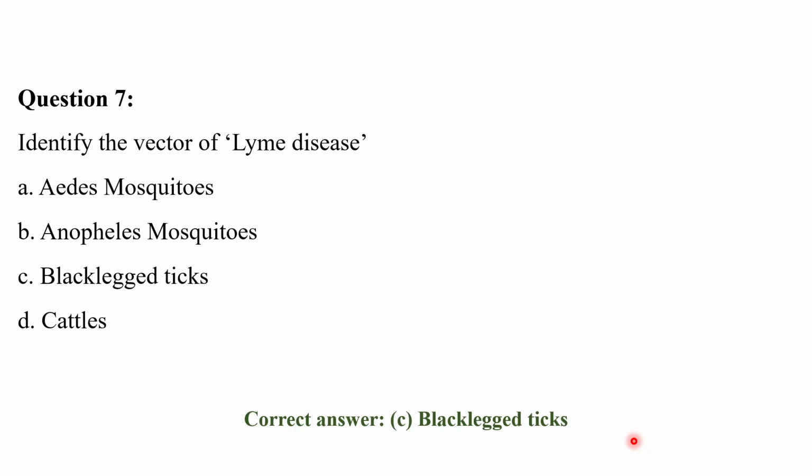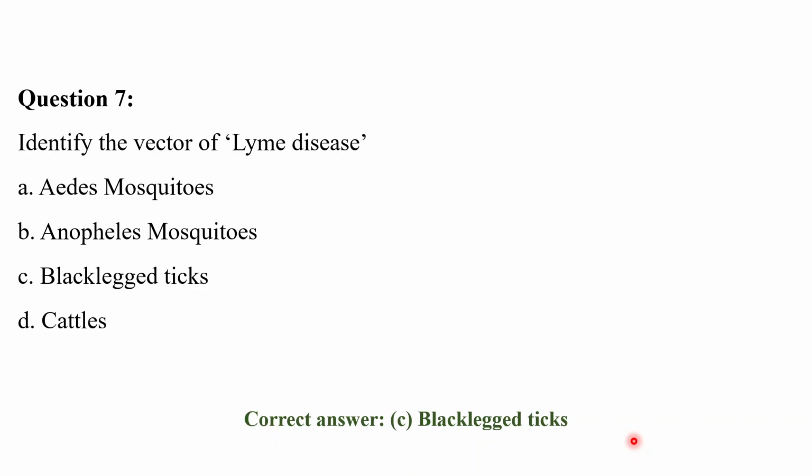So can you tell me what diseases are spread by Aedes mosquitoes and Anopheles mosquitoes? Anybody? So Aedes mainly spreads dengue and chikungunya virus.